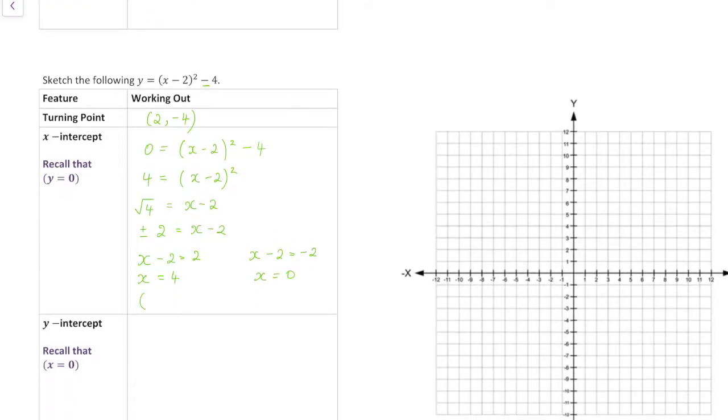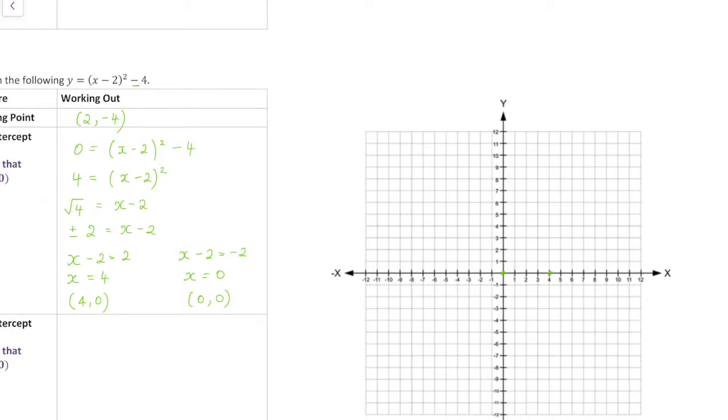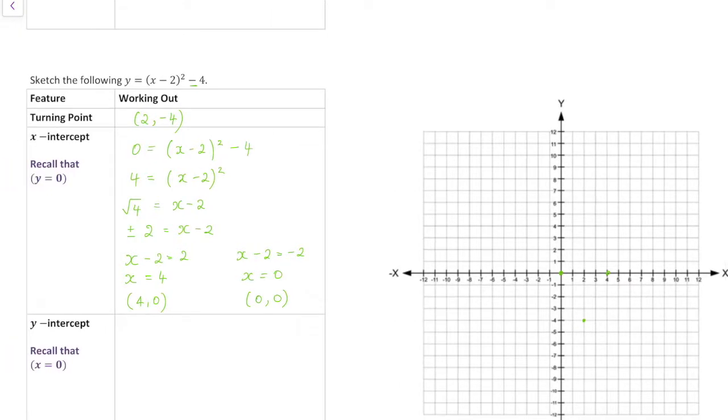So what this means for us is that this particular graph will intersect when x is equal to 0 and when x is equal to 4. So plotting my points there and there, I had a turning point at 2 and negative 4. So that means my graph is going to be down here. And let's work out our y-intercept real quickly.